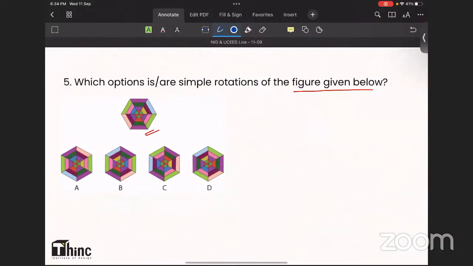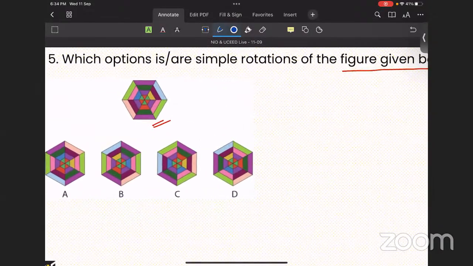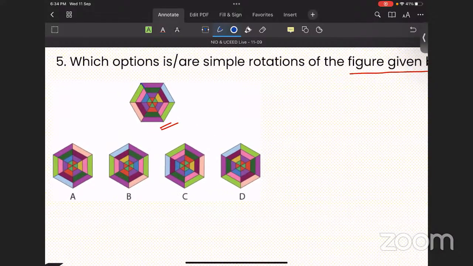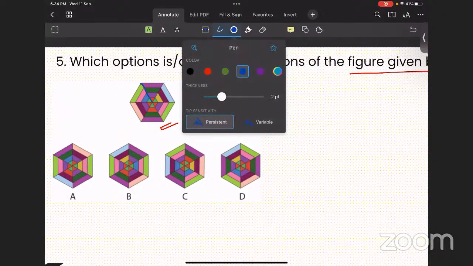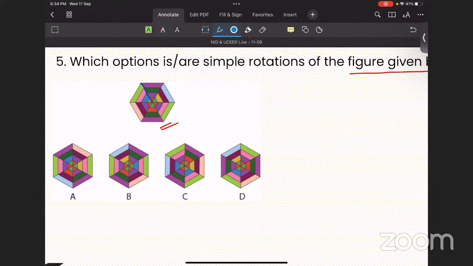For solving this, we need to take a reference. I have just taken this reference. You can make your preferences while taking references.